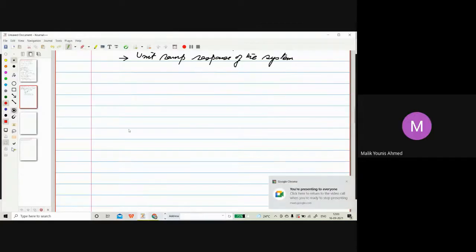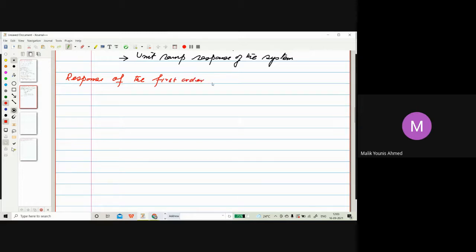Okay. Next. Response of the first order system with unit impulse. Input in unit impulse is 1.